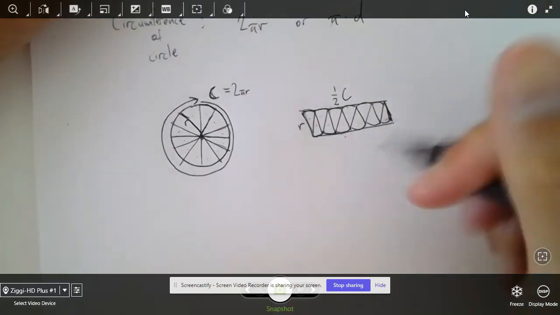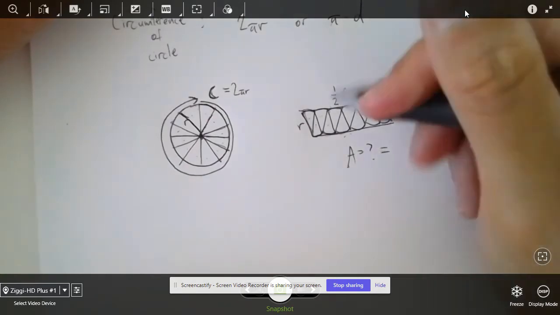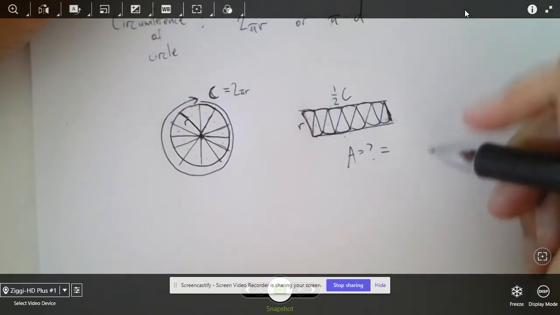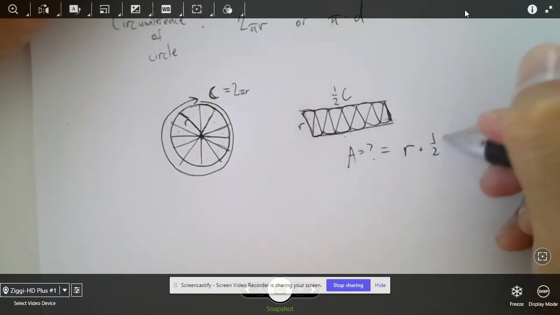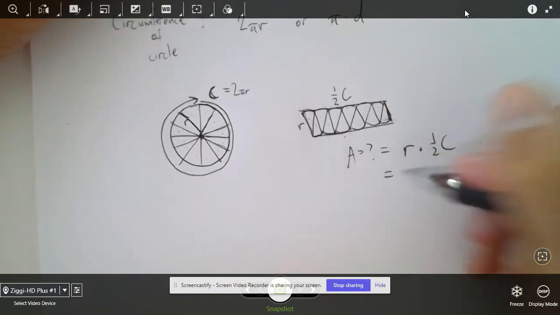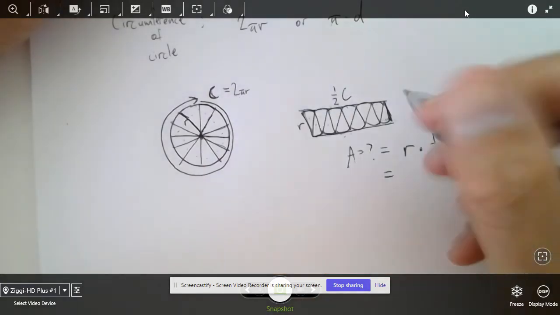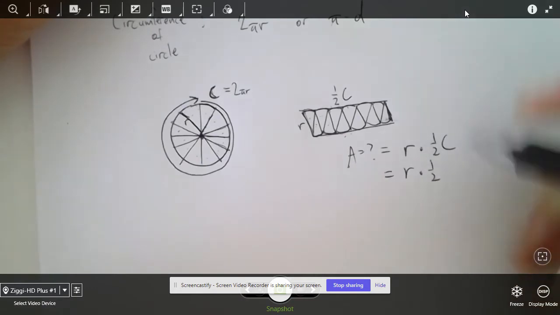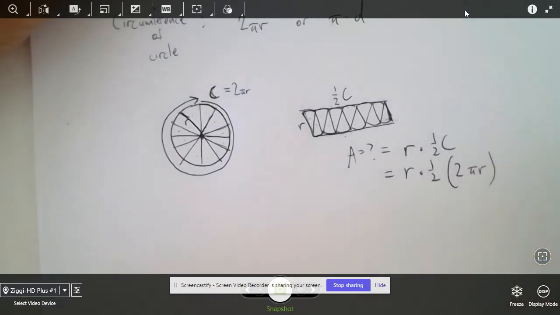What would be the area for this? Well, the area would simply be length times width, right? And in this case, our length would be r, and our width would be 1/2 of the circumference. If we go back to what our circumference is and talk about everything in terms of the radius, it'd be r times 1/2 times 2 pi r.